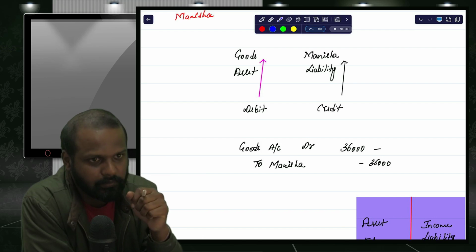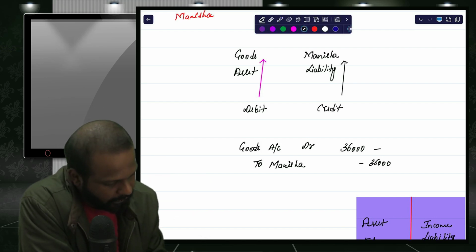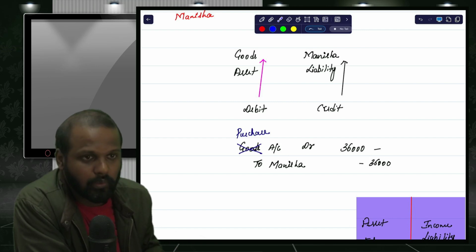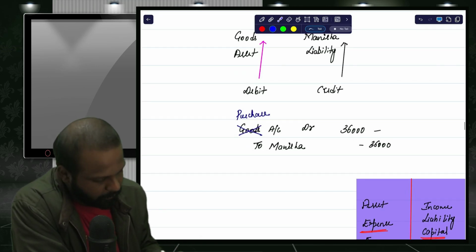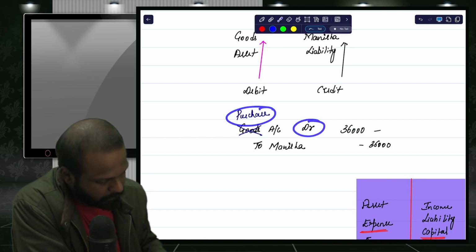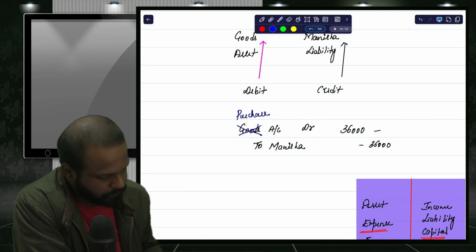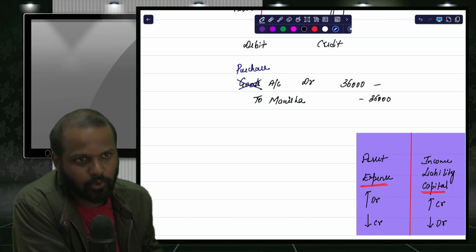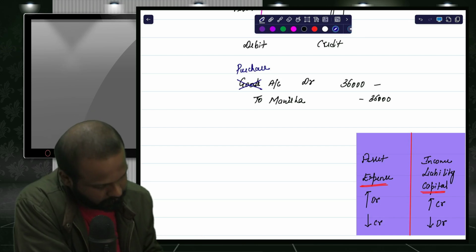So here we cannot write the name goods. Instead of goods, the suitable name is going to be purchase. So the correct journal entry will be purchase account debit to Manisha. This is your correct entry. Don't write the name goods, instead of that write purchase.